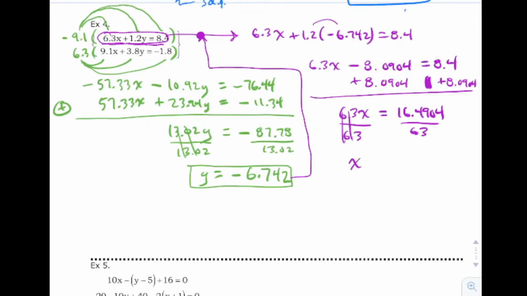So x is, take your 16.4904, divide it by 6.3, you end up with, and again, I'll go to 3 decimal places, 2.61, I'm looking at a 7.5, so that would round up to an 8. X equals 2.618. And so these two things together make up your 2-part answer. Okay, 2-part answer.